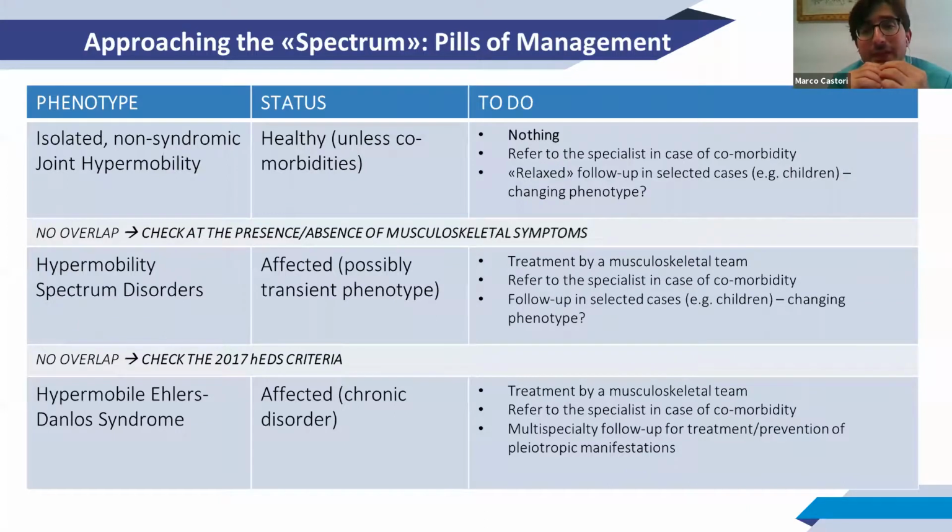Theoretically, these people without musculoskeletal manifestation can still present some comorbidities. In this case, you should refer to the specialist without special comments, perhaps commenting on the possible underlying mechanism, for example, concerning fatigue.